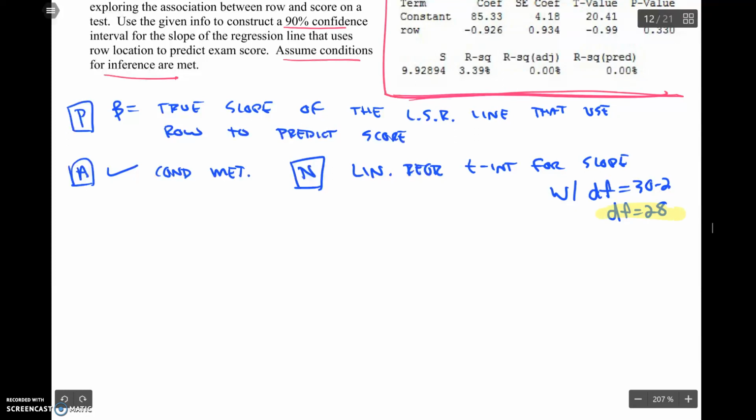All right. Calculate the interval. It's my stat plus or minus the crit value times the standard deviation of your stat. This is b plus or minus t-crit times the standard error of b.